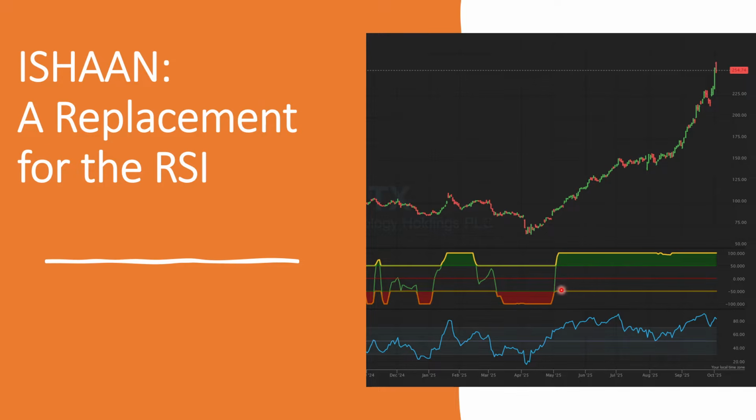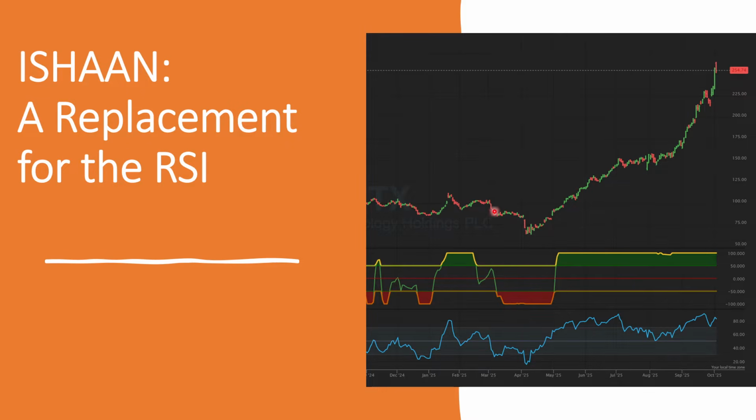And observe that the Ishaan oscillator, the yellow line, shone brightly during this entire strong trend, and it was at plus 100. And during the downtrend, it was at minus 100, whereas the RSI rose above 70, but rather unwillingly, then fell below 70, which generally means no momentum or neutral momentum, and then rose again a little bit towards the end here.